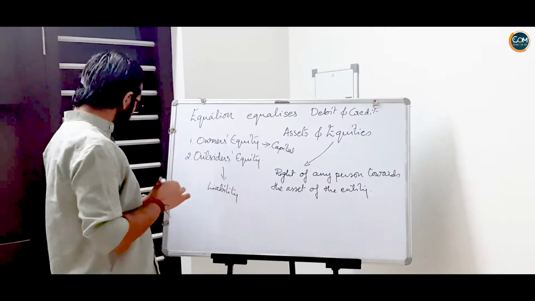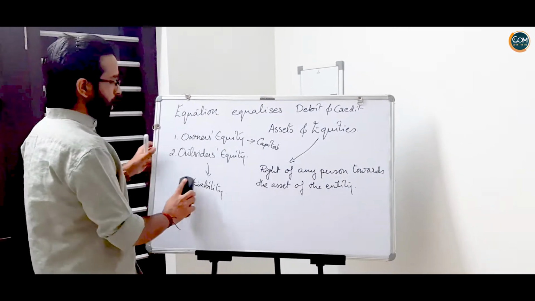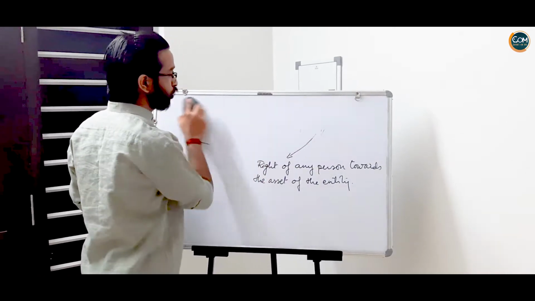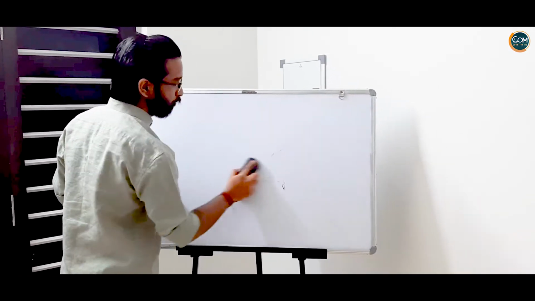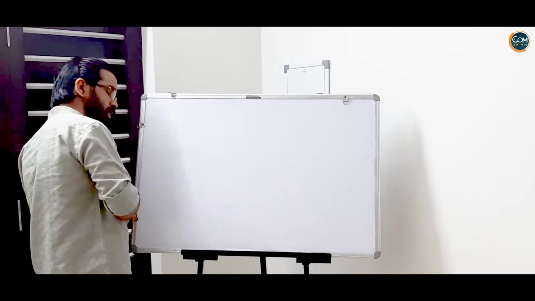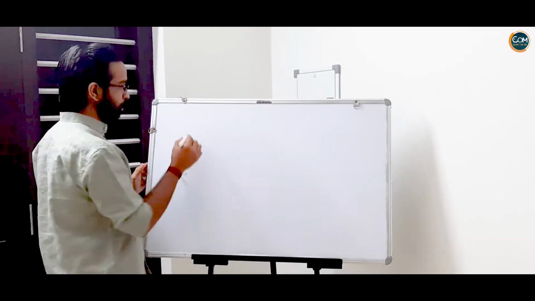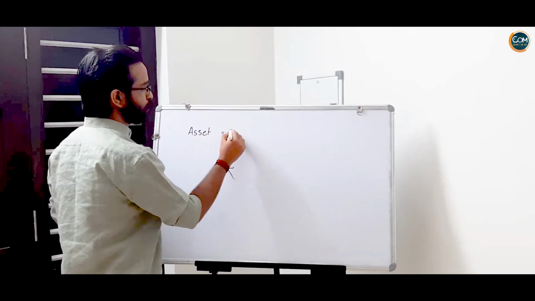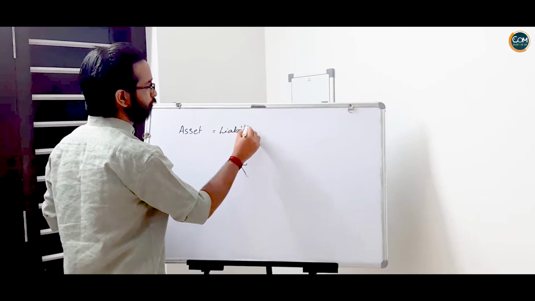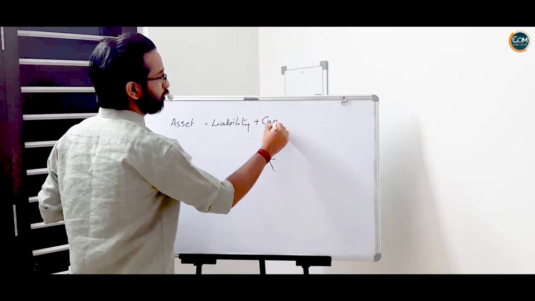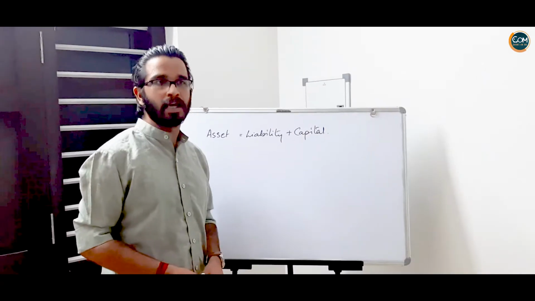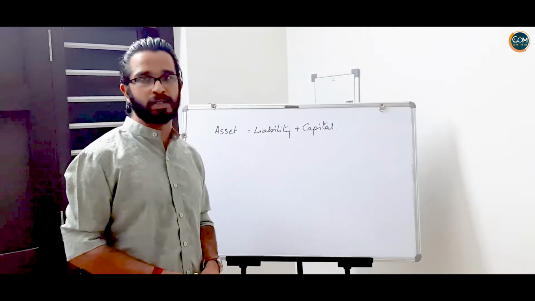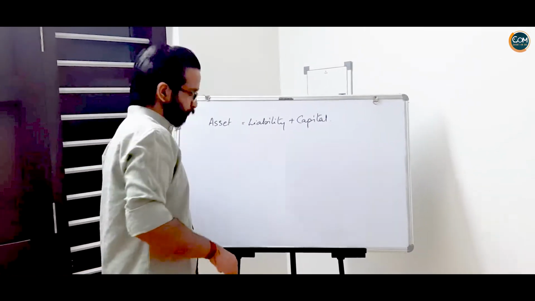Thus, the accounting equation states that the assets a company owns will be equal to the liabilities it has towards the outsiders or the owners of the company. Thus, the equation is: asset is equal to liability plus capital.